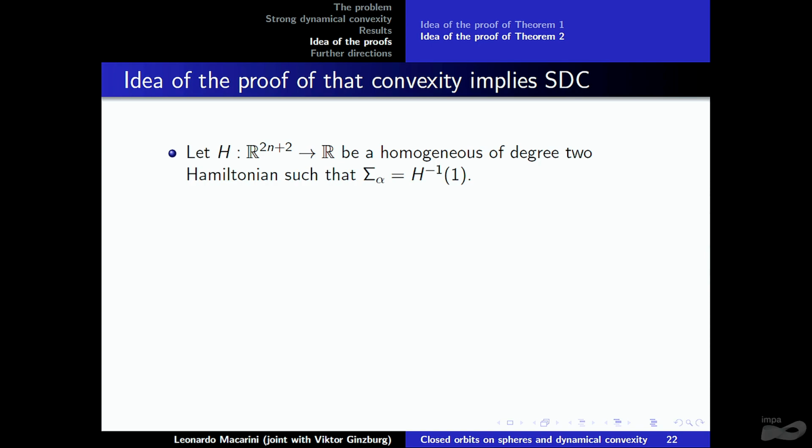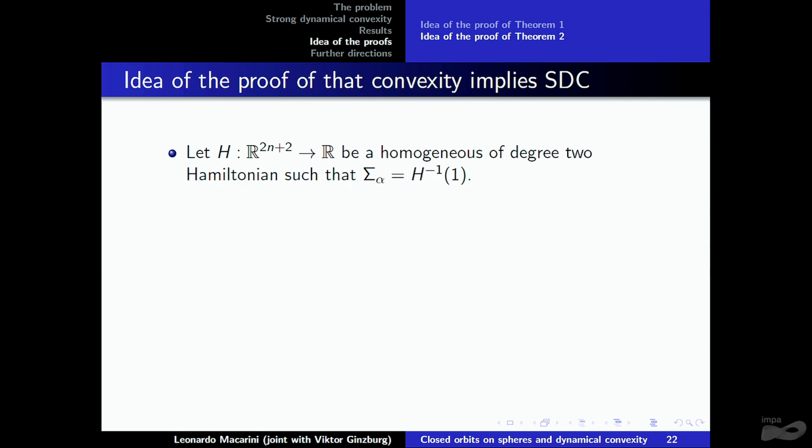And now let me give a sketch, a rough idea of the proof of theorem 2, that convexity implies strong dynamical convexity. So you take alpha, a convex contact form, which is invariant by the antipodal map.